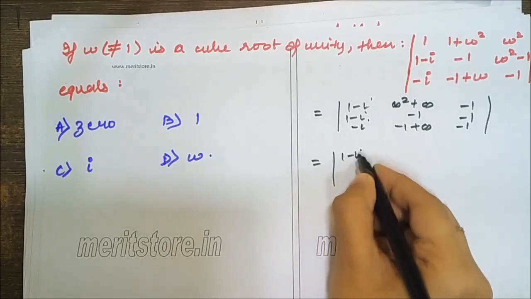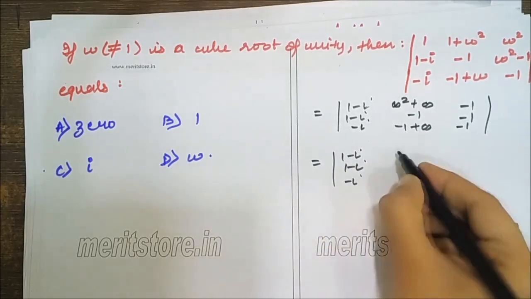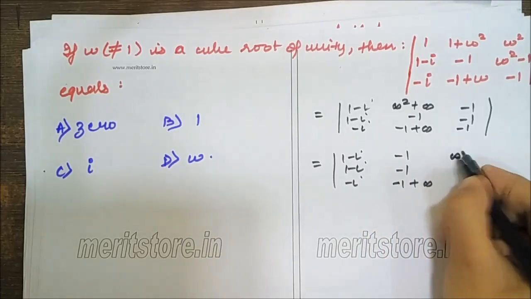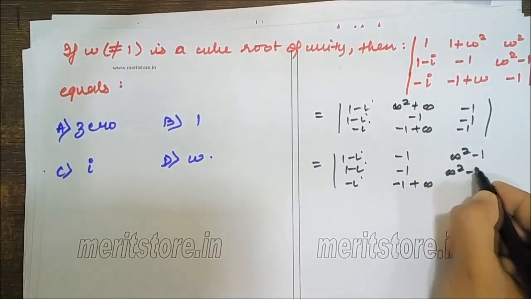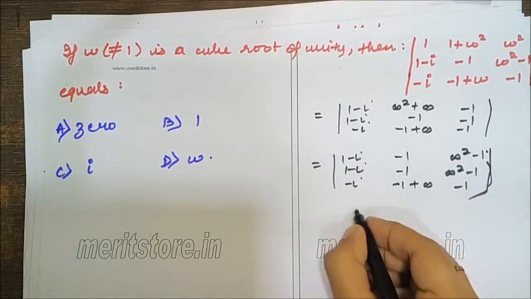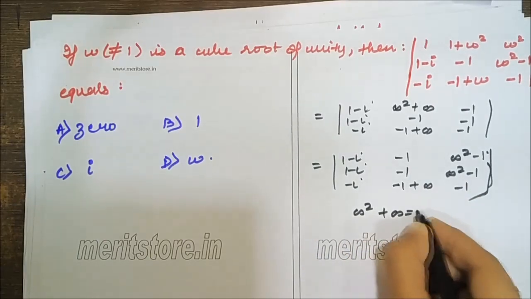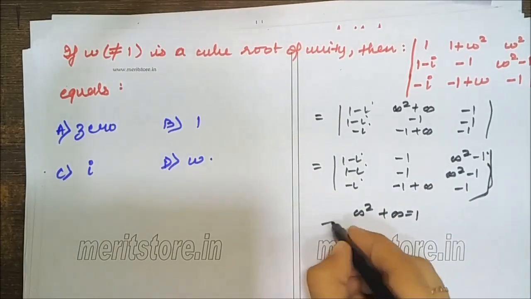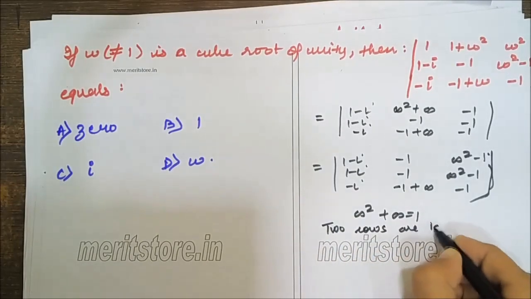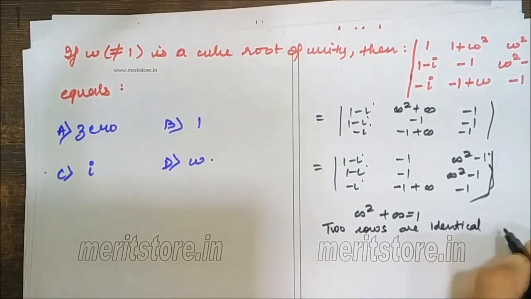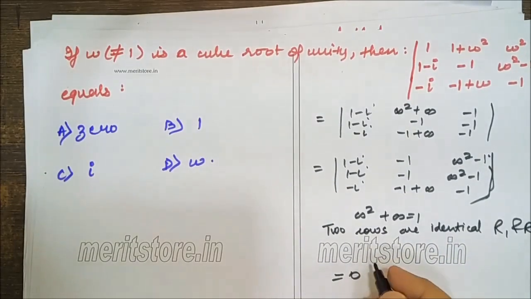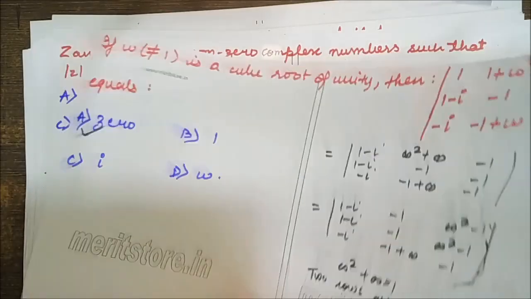So 1 minus i minus 1 plus omega squared minus 1. We know that omega squared plus omega is equal to minus 1. Now here two rows are identical, R1 and R2, and as per the properties of determinants, this is equal to 0. The answer is A.